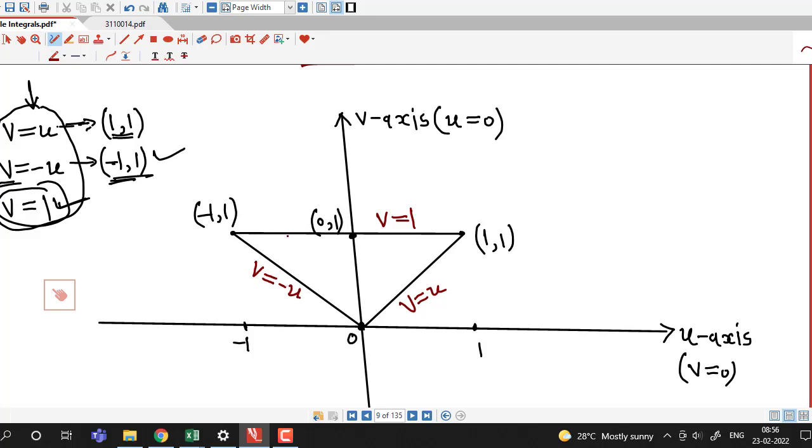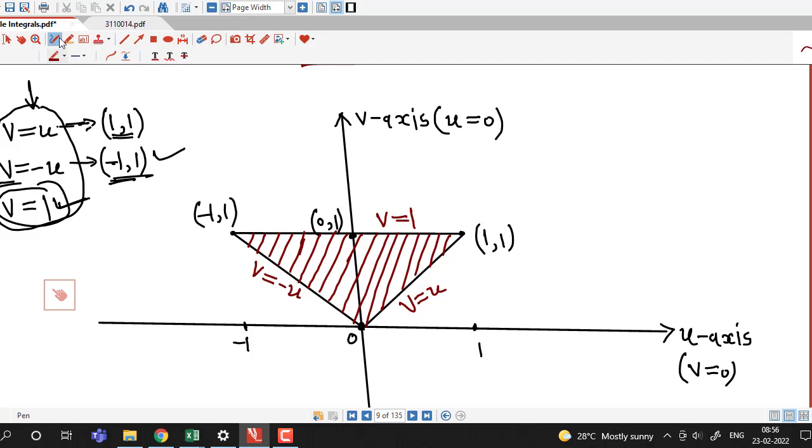So our region in UV plane is the region bounded by these three lines. So this is the region of integration in UV plane, and we are going to integrate in UV plane after changing the variables. So we must be clear about the region of integration in UV plane. So using this region of integration, we will decide the limits of integration for new variables u and v.